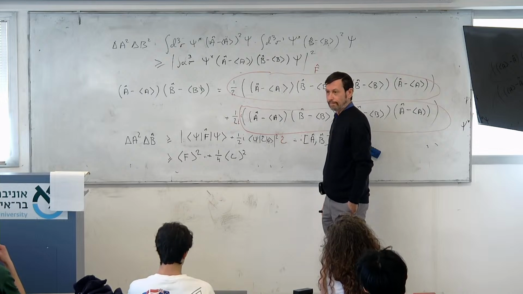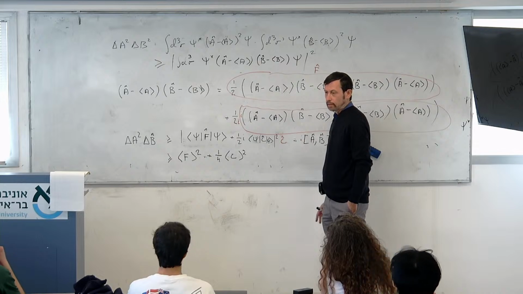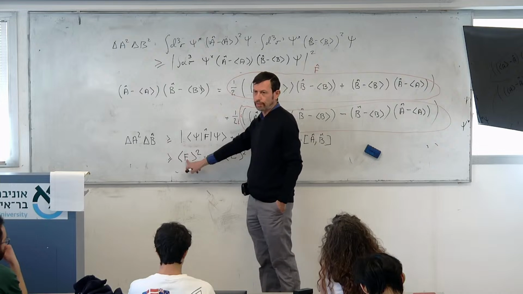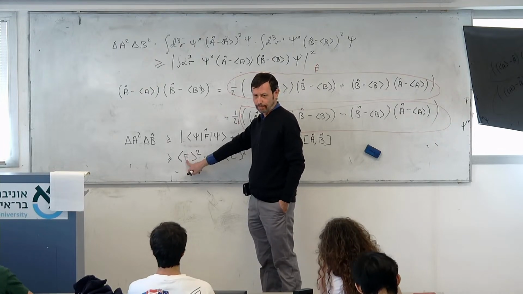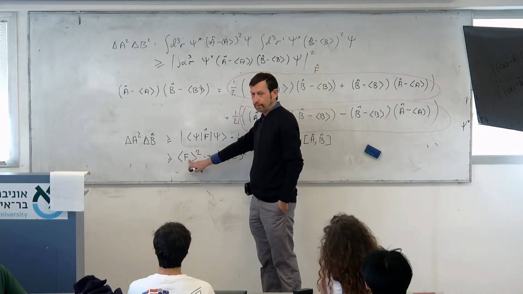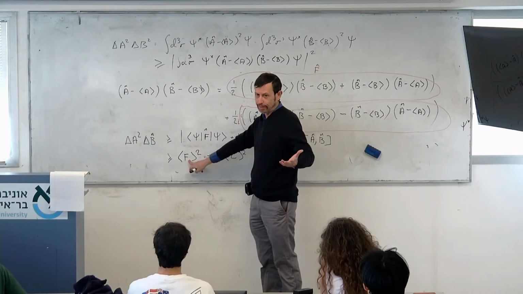End of story. There's no rule that the average of f can't be 0. But if it's not 0, it's larger than 0, right?